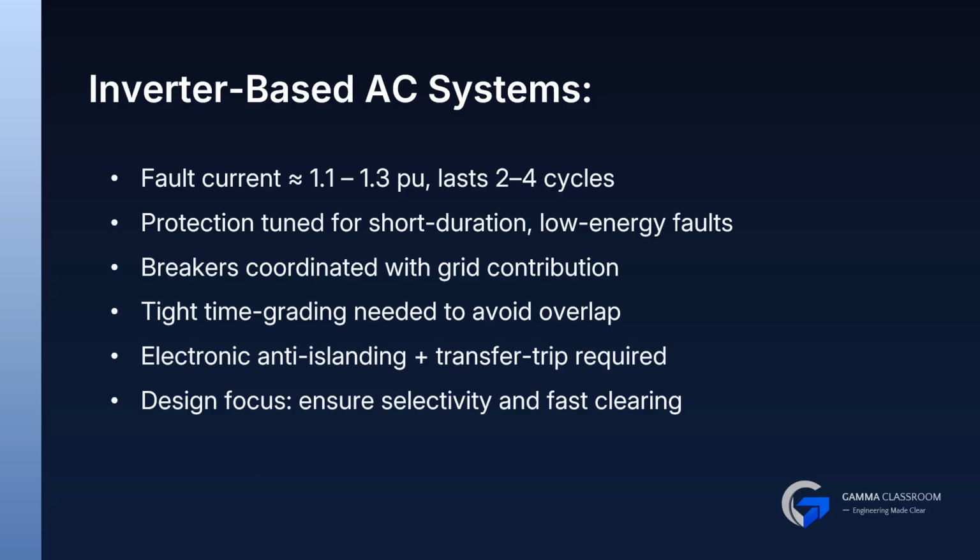Inverter-based systems behave completely differently, and this is where many engineers get caught off guard. When a fault occurs, the inverter can only supply about 1.1 to 1.3 per unit current, and only for 2 to 4 cycles. That means the grid contributes most of the fault current, not the inverter.